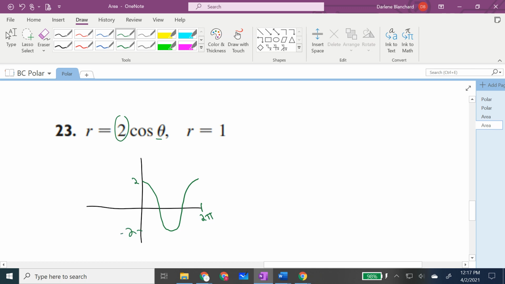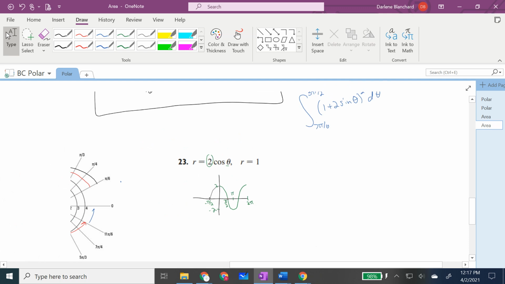And I will tell you that I find it so much easier to graph if I graph just one loop, from where the radius is 0 to the next time the radius is 0. So halfway is pi, halfway again is pi over 2. That makes this negative pi over 2. I'm literally drawing a graph from negative pi over 2 to positive pi over 2.